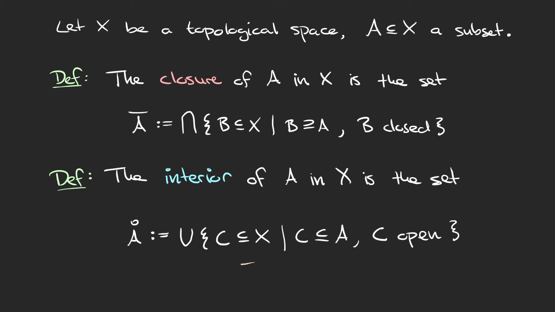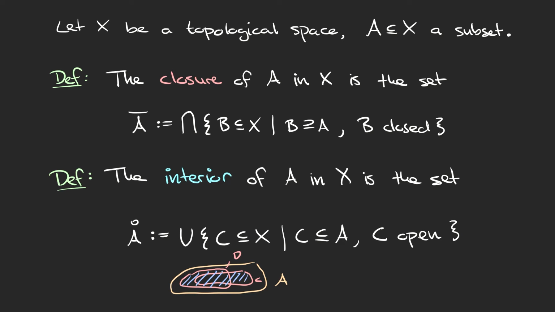So in this case, if we have our set A, then what we're looking at is these subsets C, which are open sets in our space X and that are contained within A. So there might be many of them. This might be some subset D. And the interior is now the union over all of these subsets.